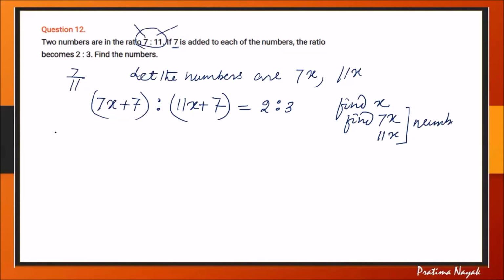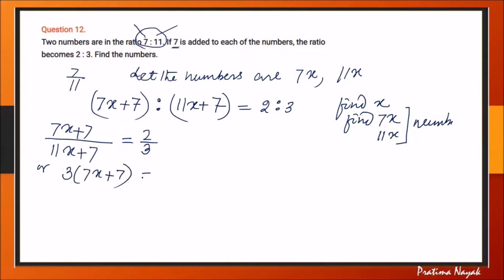So let us write in ratio form: 7x plus 7 by 11x plus 7 is equal to 2 by 3. Then cross multiplication: 3 times 7x plus 7 is equal to 2 times 11x plus 7.